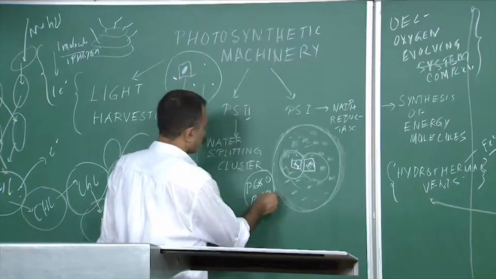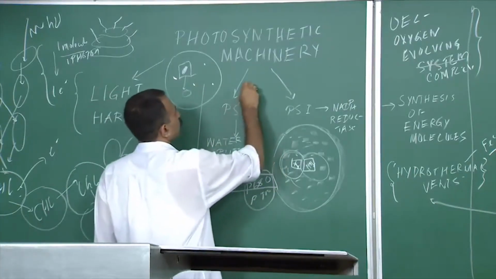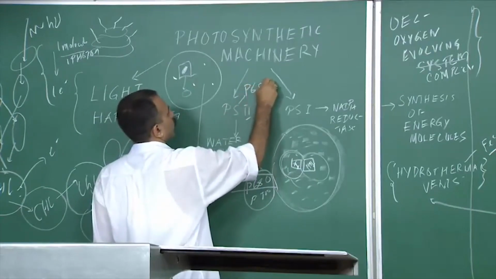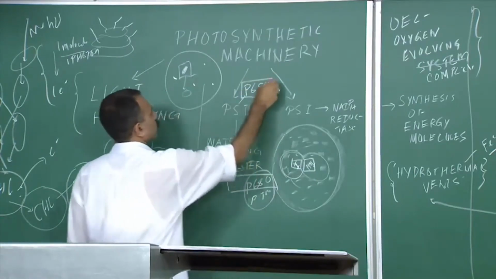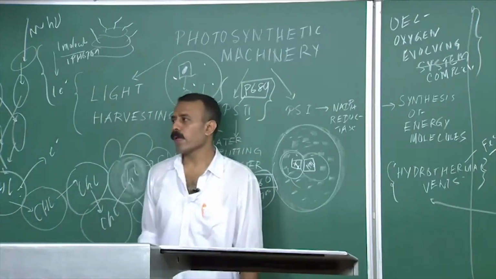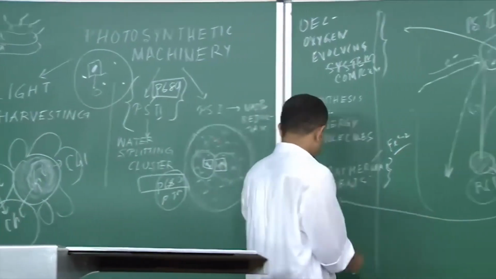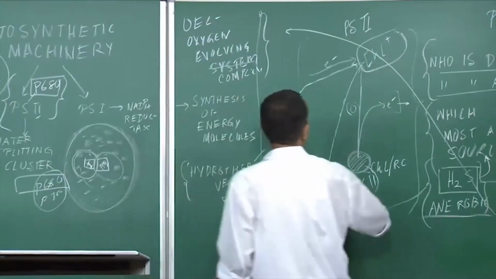If you remember what I was trying to tell you, P680 is the reaction center at photosystem 2. At P680, an electron is being ejected.